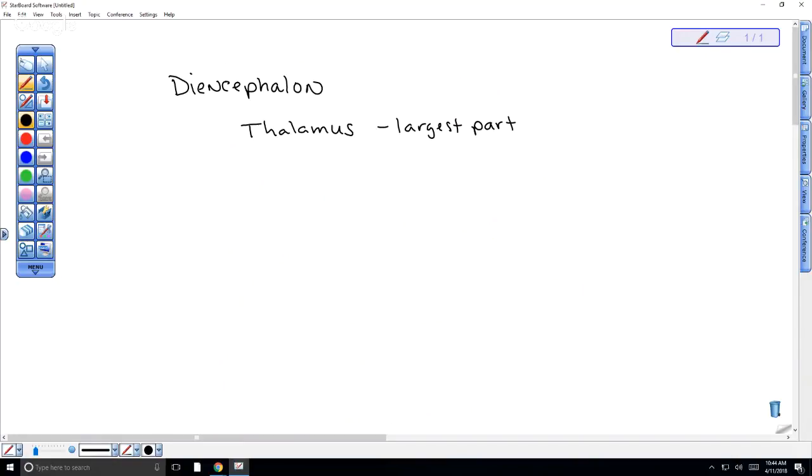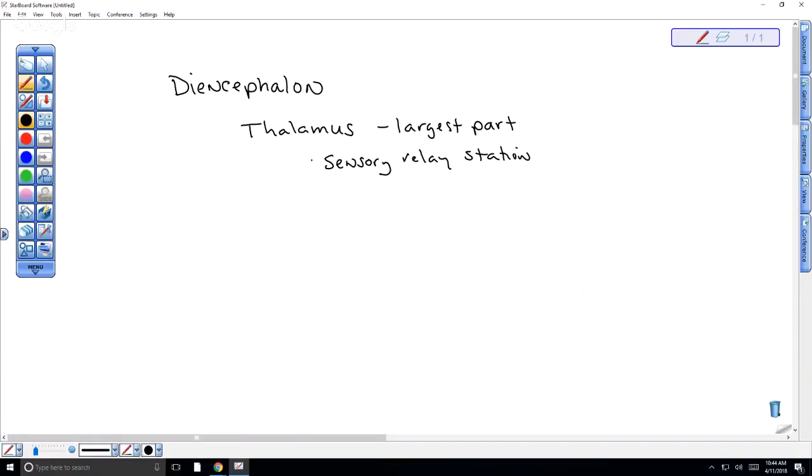It is really important because all sensory information that comes into the brain travels through the thalamus. So this is a sensory relay station. Everything that you hear and taste and feel goes through the thalamus.